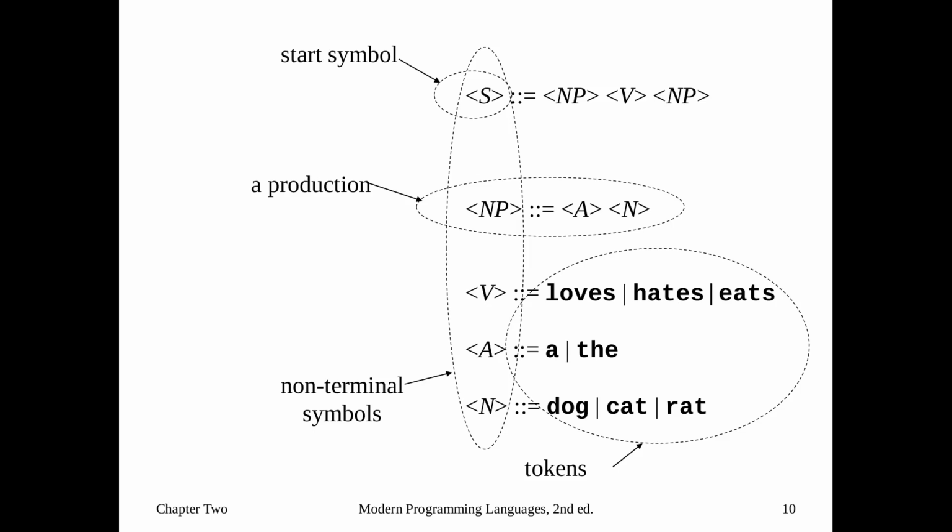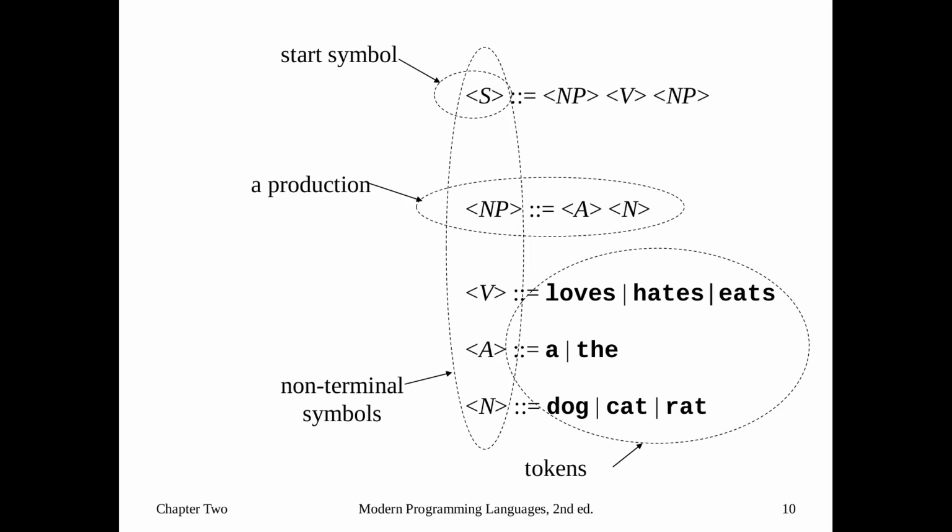It's some symbol in angle brackets, and it's separated from the right side by a double colon and equals, right? That's indicating that this rule is equal to, can be broken down into, these specific sub-rules or tokens, right?